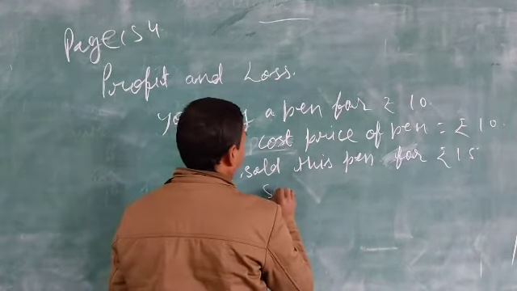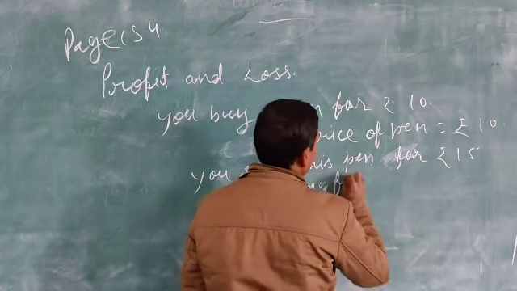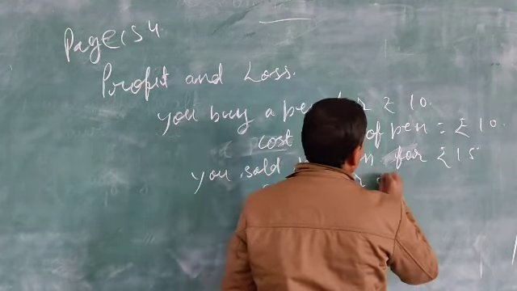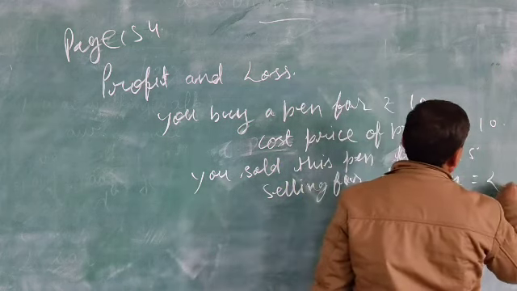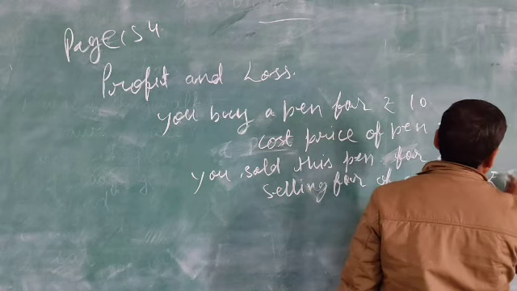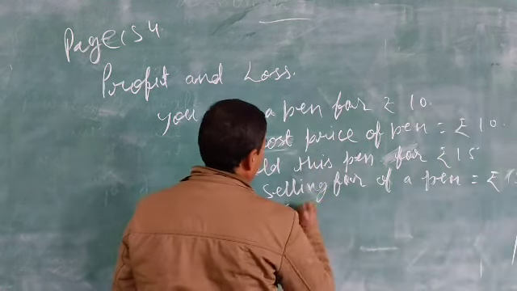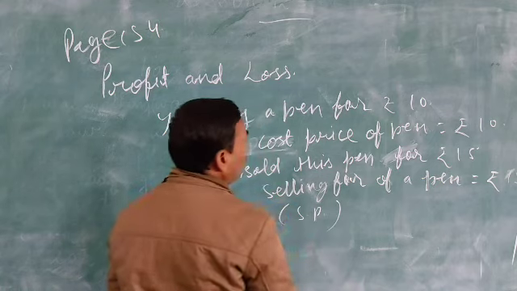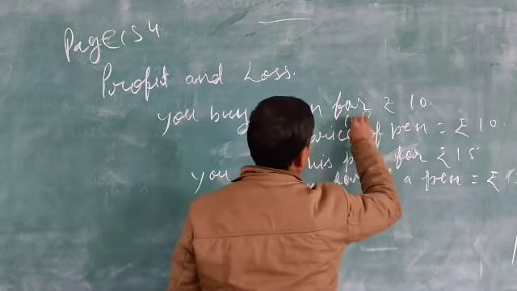You can write this is the selling price of a pen. Here it is 50. The short form is SP, and the cost price is known as CP.